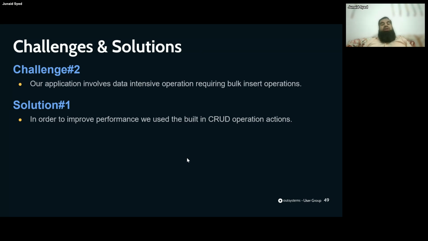In ODC, we have the CRUD operations available on the entities themselves to perform this bulk exchange of data. So we replaced those bulk insert operations with those bulk CRUD operations, which is an inbuilt support provided in the ODC framework.